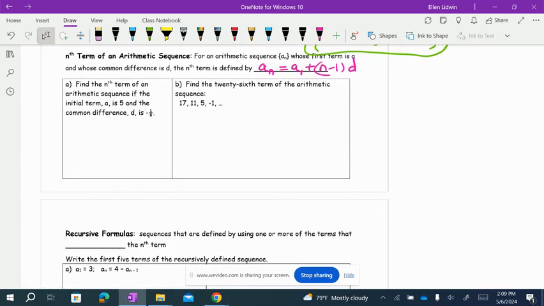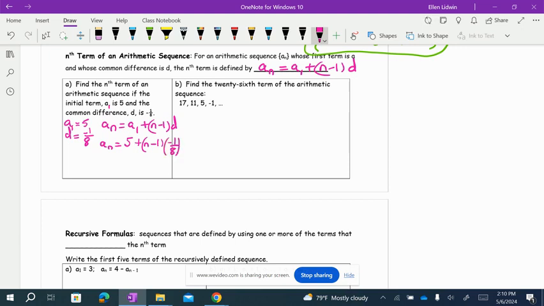Find the nth term of an arithmetic sequence if the initial term, a sub 1, is 5. Okay, so a sub 1 is 5. The common difference, d, is negative 1 over 8. Well, we're using the rule a sub n equals a sub 1 plus n minus 1 times d. And we're going to plug in what we know. So a sub n equals a sub 1 of 5 plus n minus 1 times the negative 1/8.